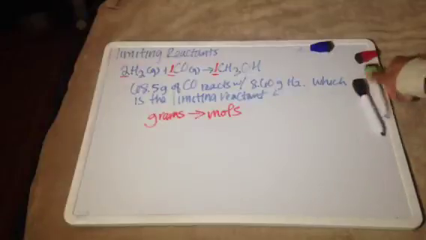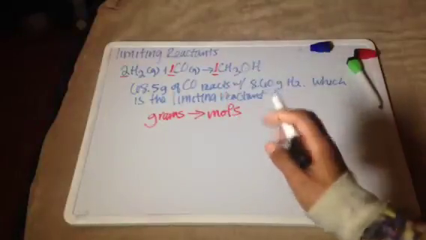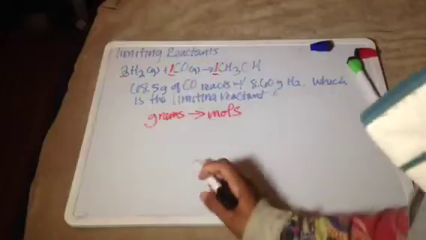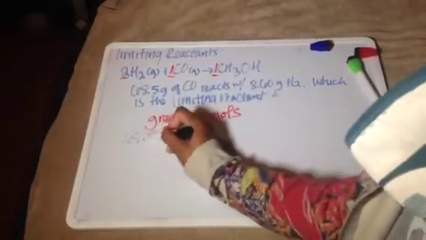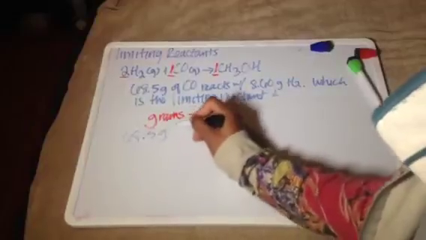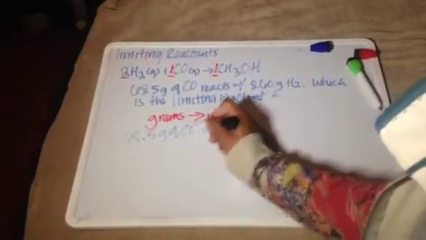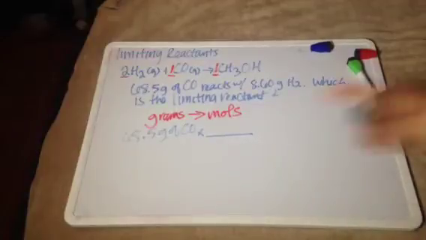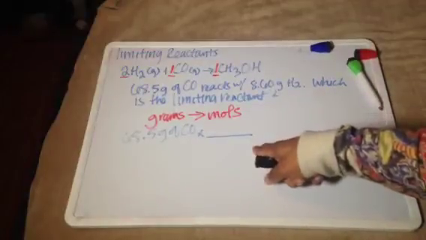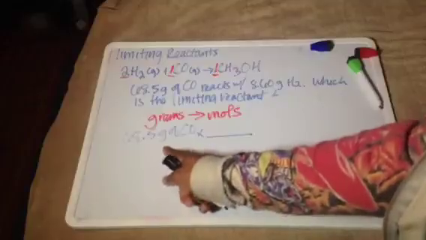Okay. So we're going to begin by converting grams to moles. So we have 68.5 grams of CO times our conversion fraction bar goes here. So we're starting out with grams.